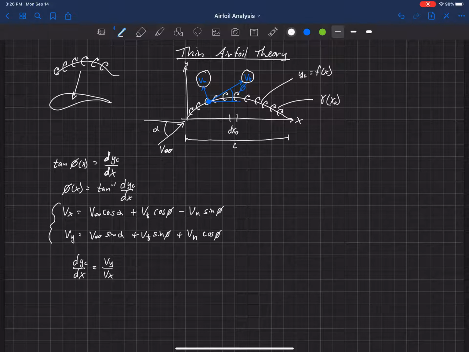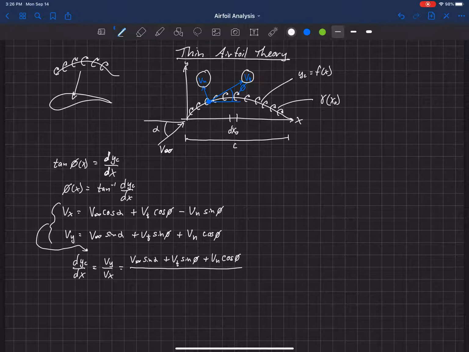Okay, so we can substitute now in the Vx and Vy into this equation here. So we're going to get V infinity sine alpha plus V tangent sine of phi plus V normal cosine of phi divided by V infinity cosine alpha plus V tangent cosine of phi minus Vn sine of phi.